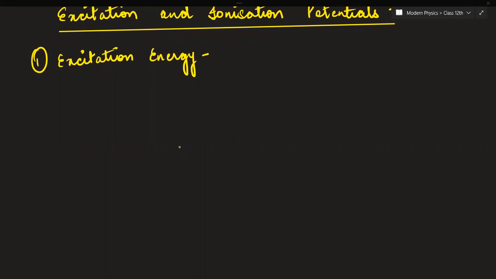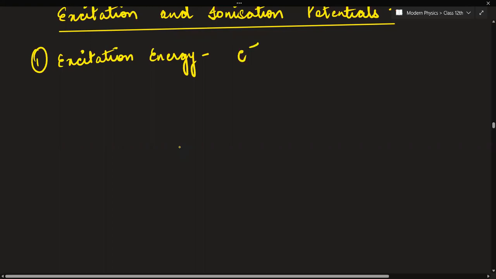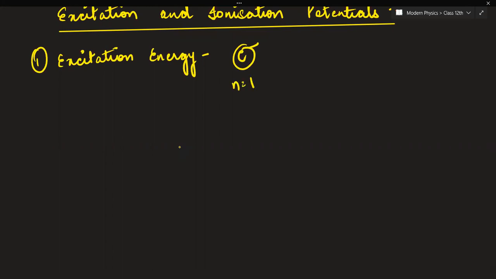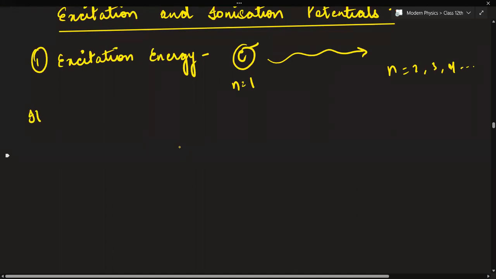Now see class, excitation energy is basically whatever energy is required by the electron to jump from the ground state to any one of the excited states. I'll write it down.